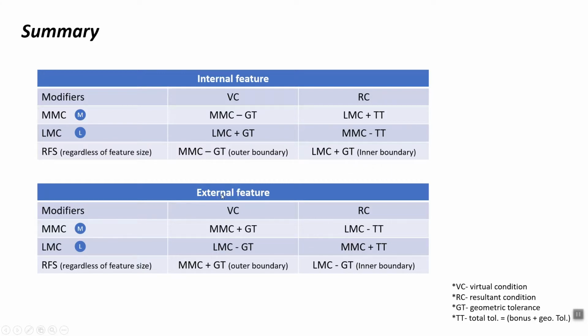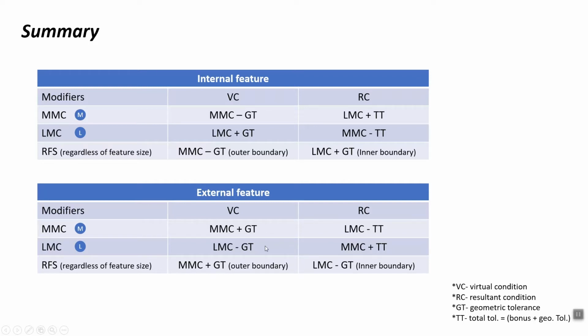Similarly, in case of external feature, virtual condition is maximum material condition, largest pin plus geometric tolerance. Resultant condition will be least material condition minus total tolerance, that will be your bonus plus geometric tolerance. Subtract that from LMC and you will get the resultant condition. Just the vice versa of this, you will get LMC condition over here.